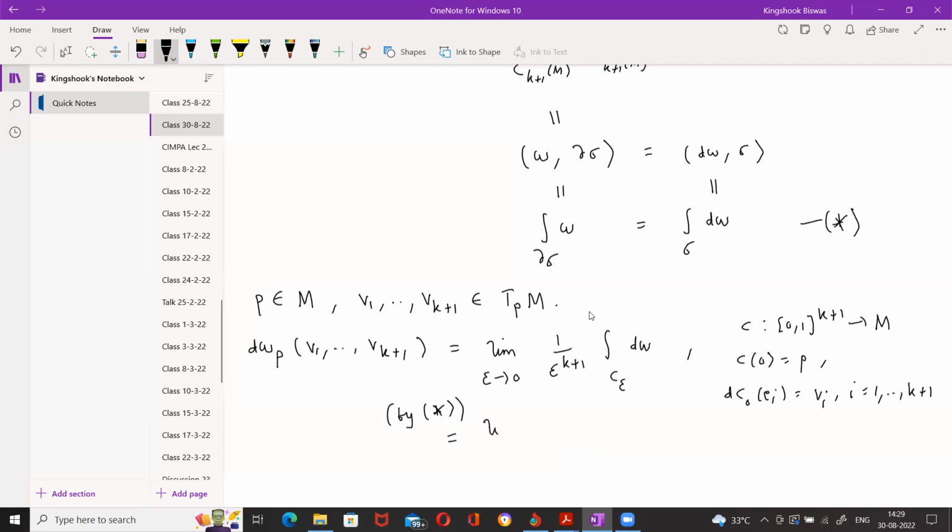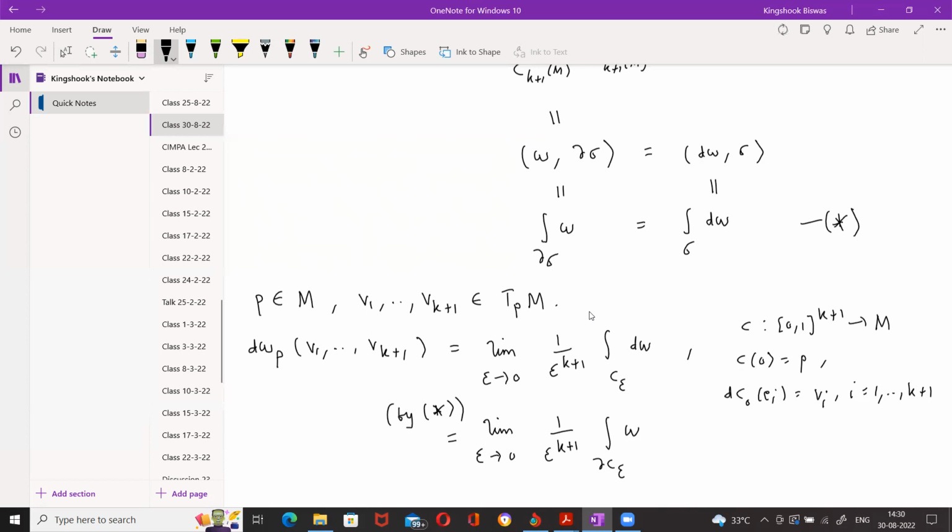the same as the limit as epsilon tends to 0 of 1 over epsilon to the k plus 1. So the integral of d omega over C epsilon is the same thing as the integral of omega over the boundary of C epsilon, by this property that we're assuming here.